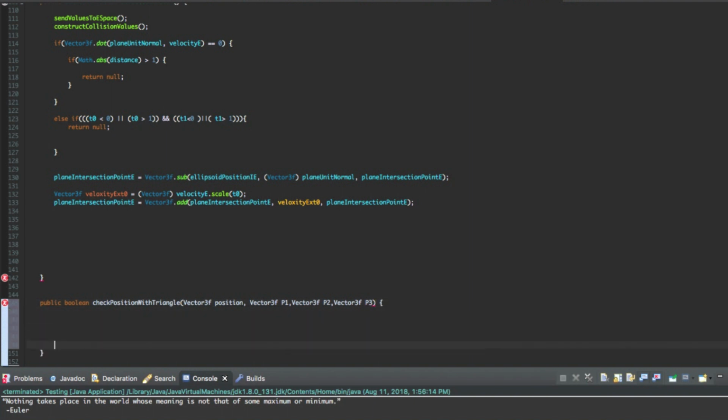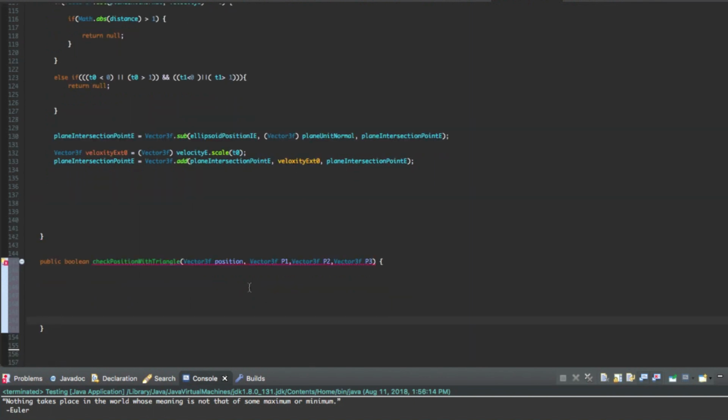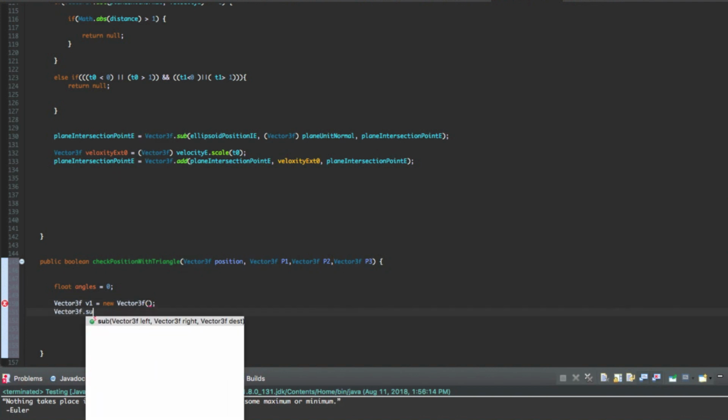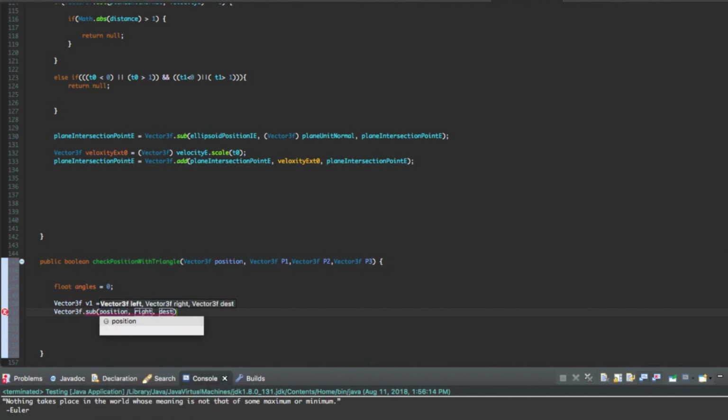So we'll start out with a float value that we will call angles, and we will set it to 0 at the beginning. We'll need a vector 3f, and we'll call it v1. It's a new vector 3f. Need to actually set that vector to something, so we'll subtract the position.